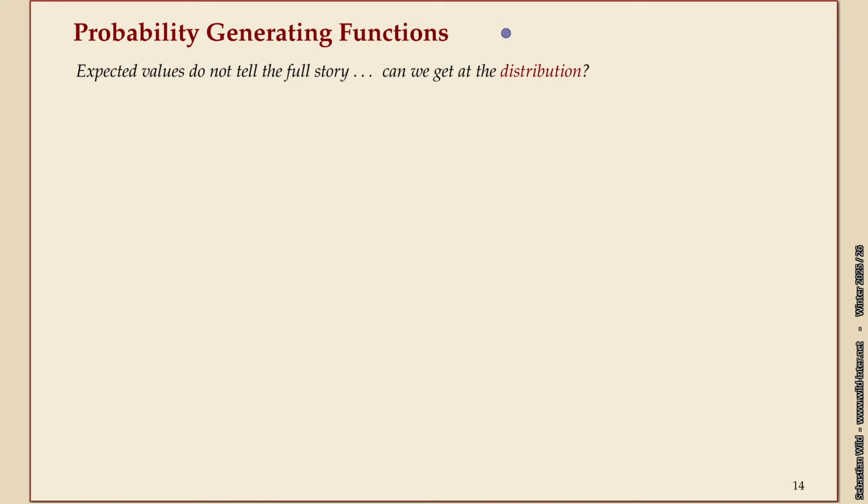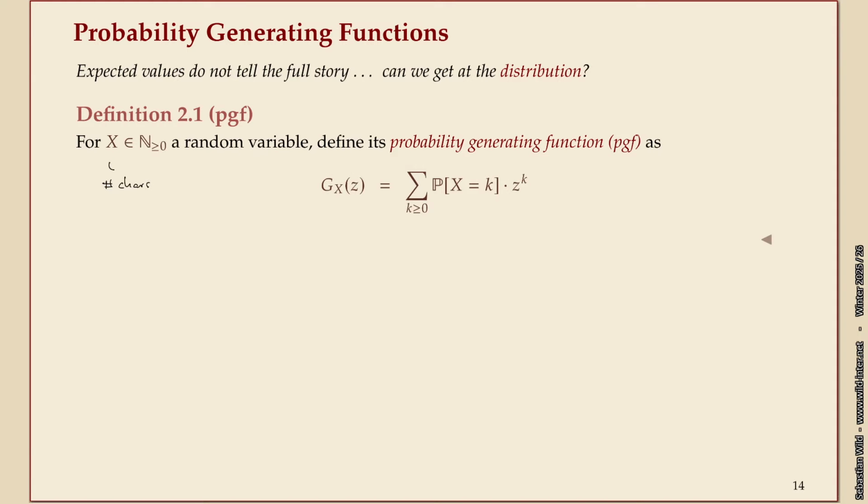A nice general tool to get more information about the distribution are these probability generating functions. We defined them last time already, so I'm going to quickly go over them. If you have some random variable and it has non-negative integer values only, then you can write this kind of series. Could be infinite or could be finite, both work.